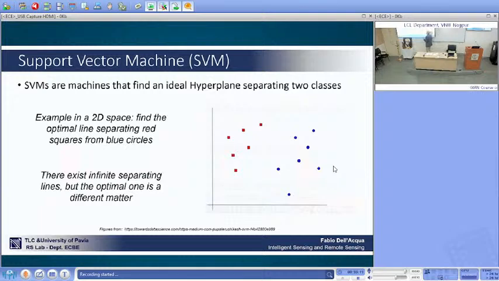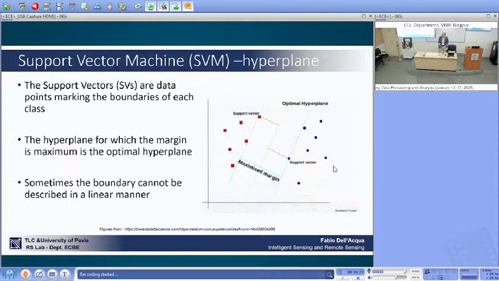The idea is somehow similar to that of the random forest, in that you have a decision surface separating the samples, and you have an algorithm that decides the optimal decision surface by looking at the distance between the decision boundary and the samples from each class that you're trying to separate.